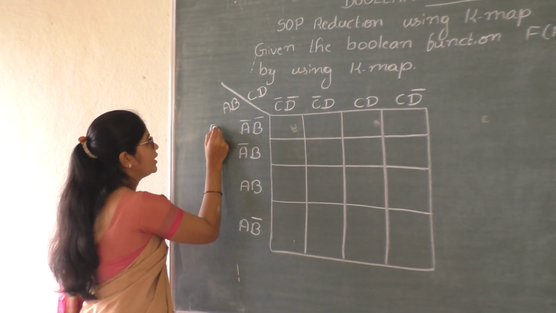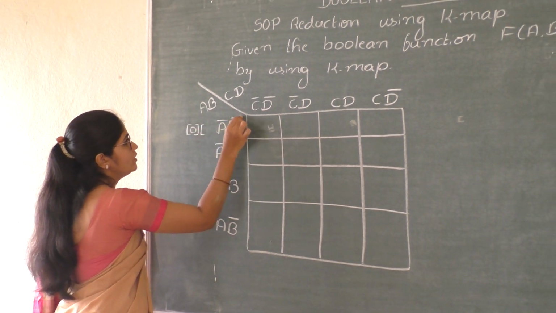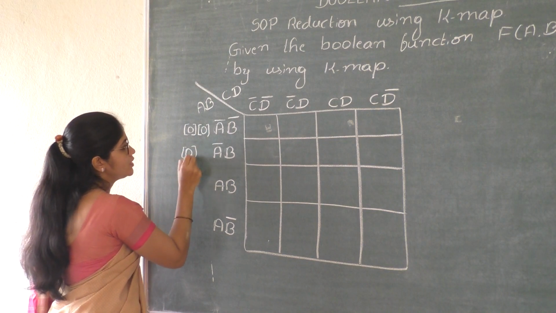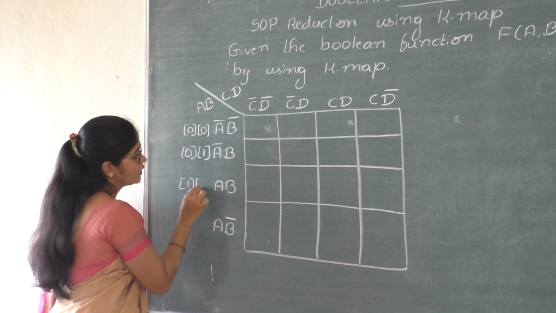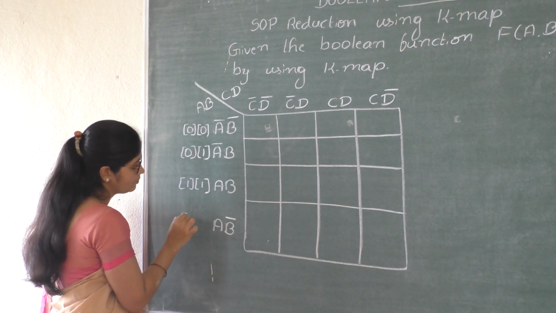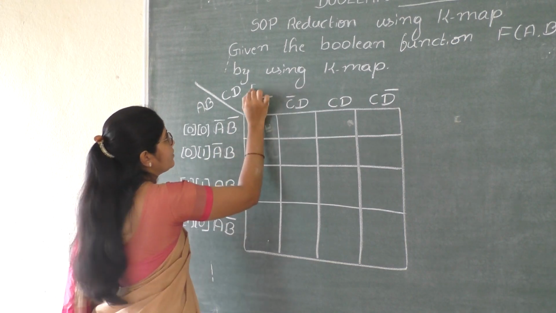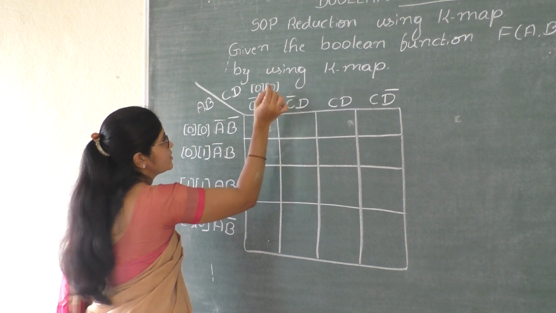So value of A bar is 0, B bar is a variable with complement, so value is 0. Next A bar B 0 1, AB 1 1, AB bar 1 0. C bar D bar, values of C bar and D bar are 0 0.